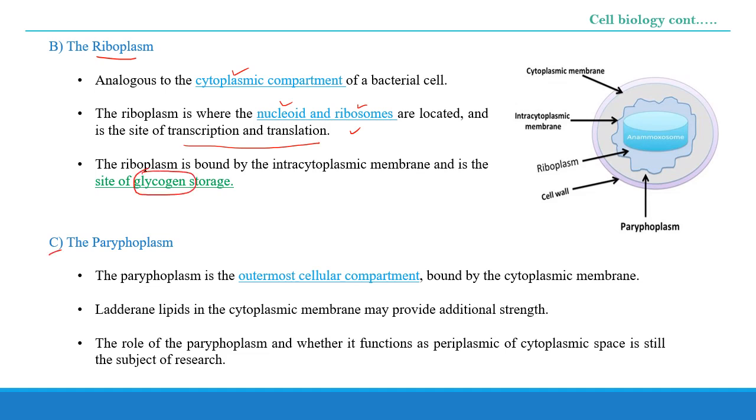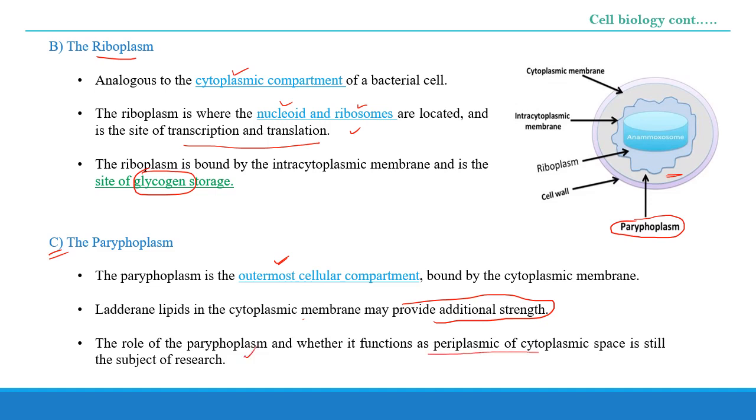After that, if we talk about the periplasm, it is the outermost cellular compartment. If we see, this one is the outermost part of the compartment, and ladderane lipids in the cytoplasmic membrane provide additional strength to it. The role of the periplasm, and whether it functions as a periplasmic or a cytoplasmic space, is still a subject of research.